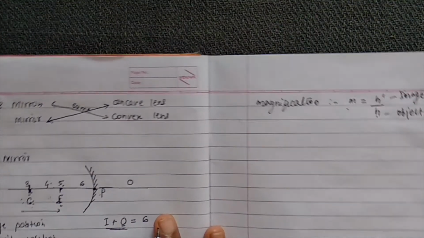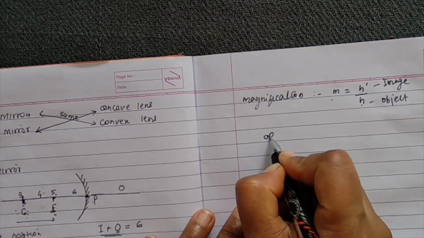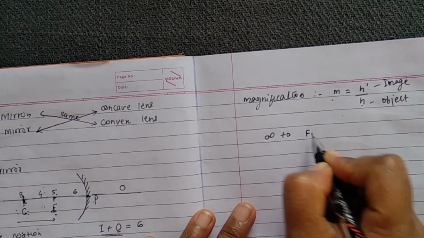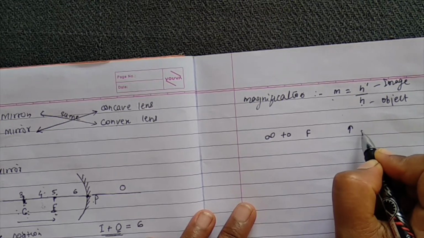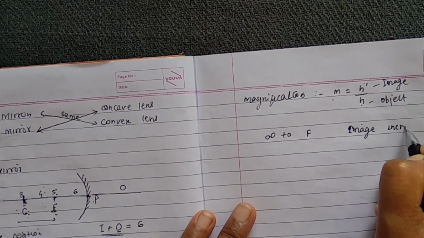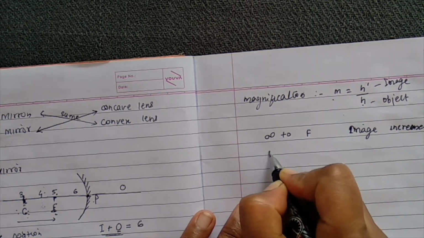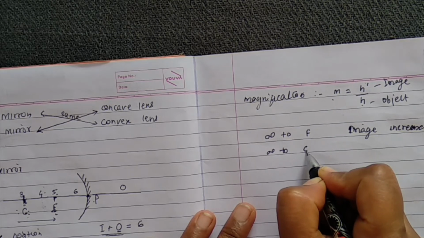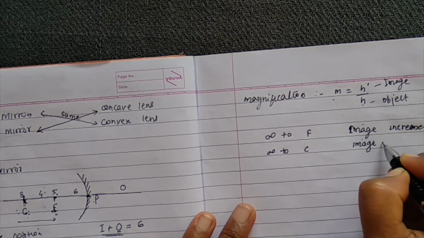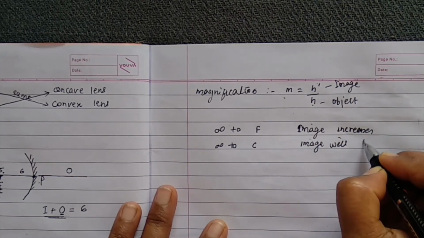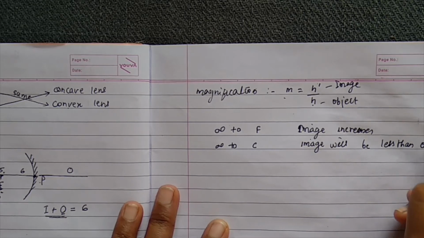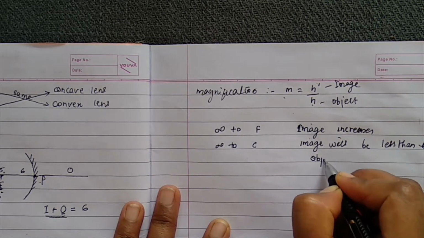See here in the summary, from infinity to focus, image size increases. Infinity to center of curvature, the image will be less than the object.